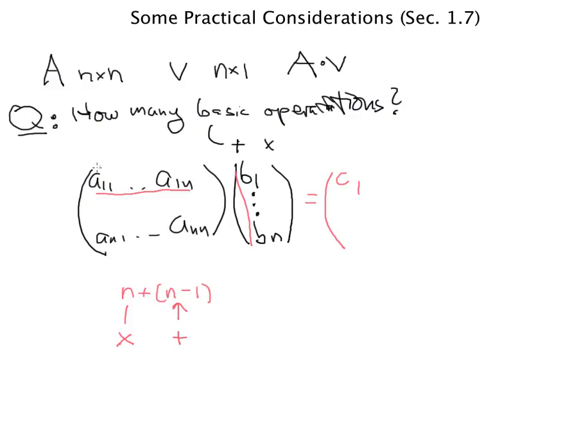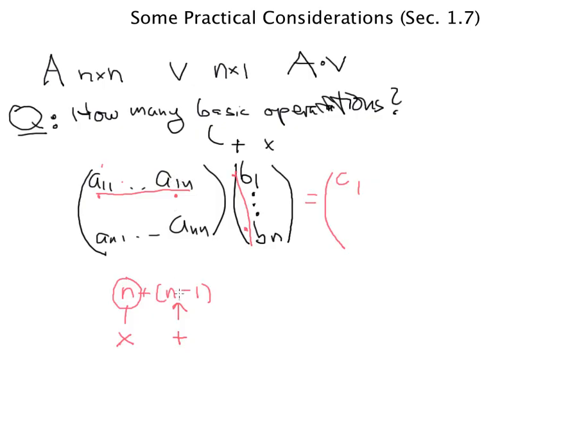So why is that? You have to multiply A11 times B1, that's one multiplication, and the second one times the second, and so on, up to A1n times Bn. So that's the n multiplications. And after the first one, every time you do one, you need to add it to the previous one.